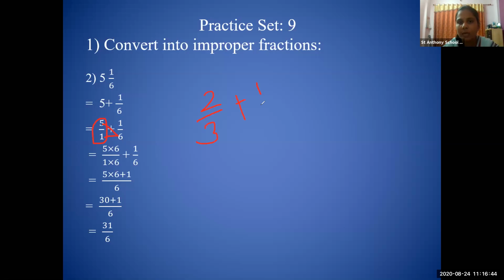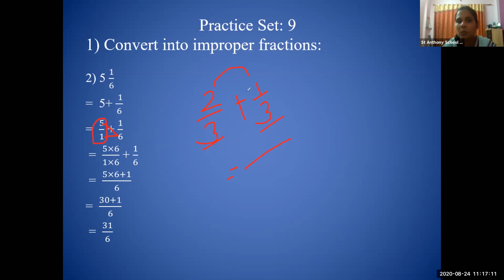In this case both the numbers have an equal denominator. 2 upon 3 में 3 denominator है, 1 upon 3 में 3 denominator है, right? In both fractions, the denominators are the same. So if the denominators are the same, then we will add the numerators.